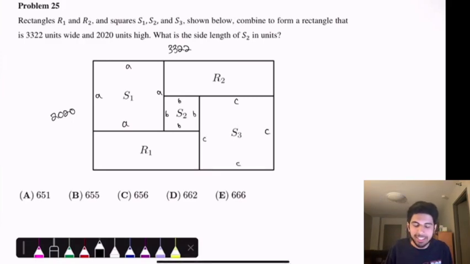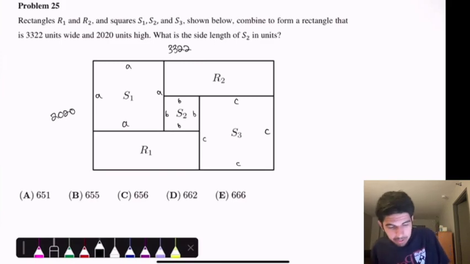We're given the length and width of the large rectangle. So let's see how we can create the numbers. Similar to the previous problem where we took that pink highlighted line and decomposed it into the D's and the S's, we'll do a very similar thing here.